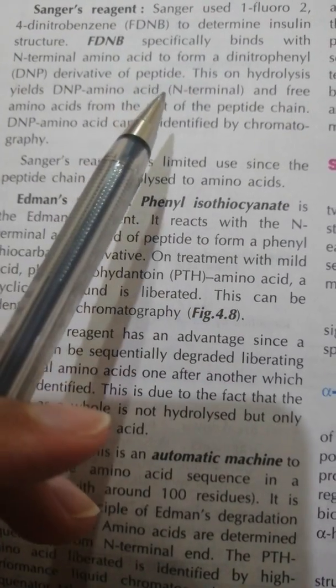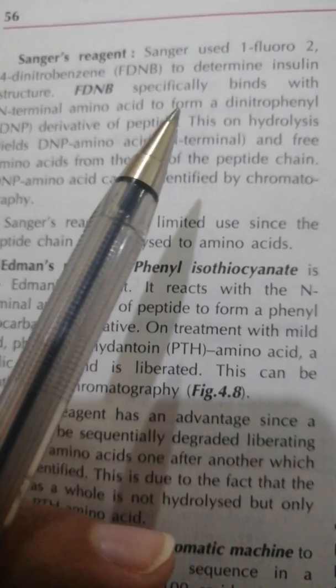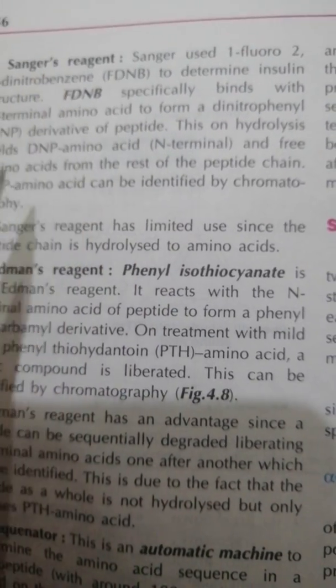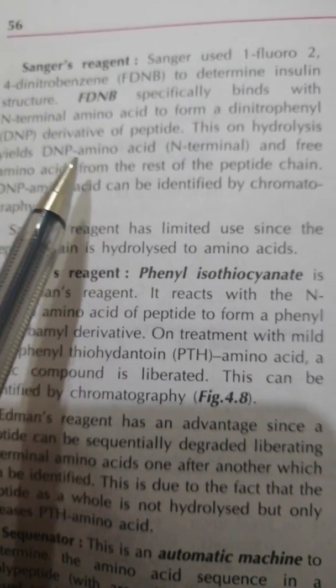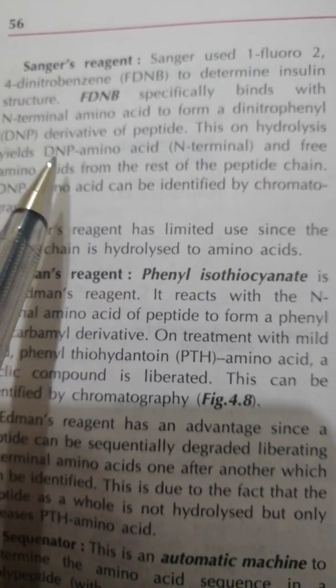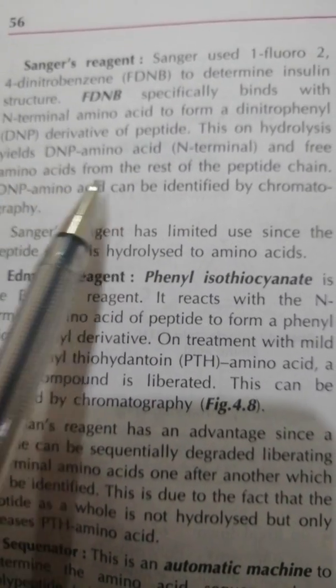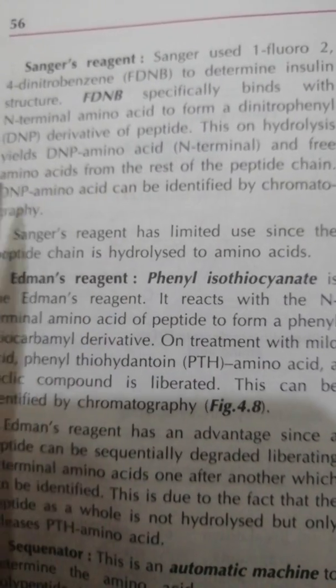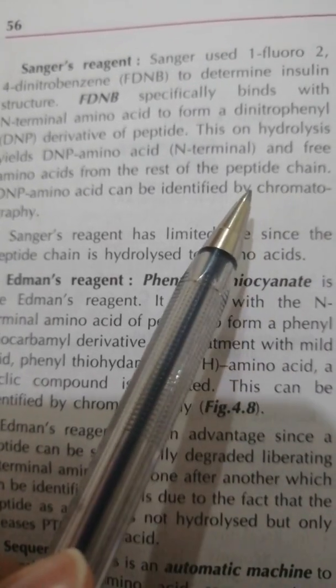And when you hydrolyze this, on hydrolysis it yields DNP amino acid, which is dinitrophenyl. You can just remember this, and free amino acids from the rest of the peptide chain, and you can identify this amino acid via chromatography.